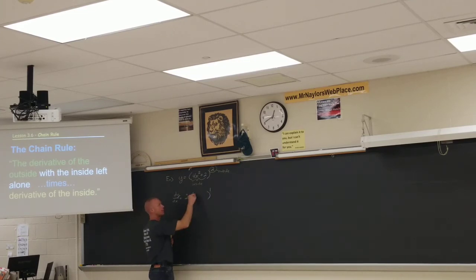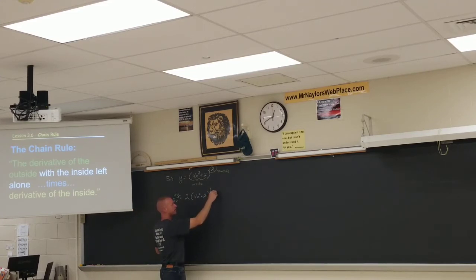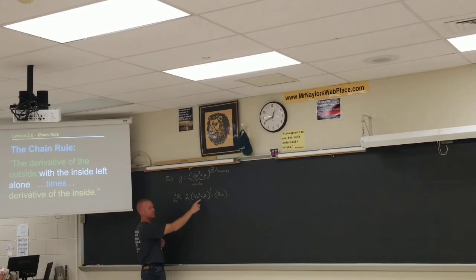Of course, you do need to leave the inside alone, so we'll put down 4x squared plus 2. And then you're going to multiply, you're going to chain onto the end of this, the derivative of the inside. So the derivative of 4x squared is just 8x, and the derivative of 2 is 0. We end up with 8x.